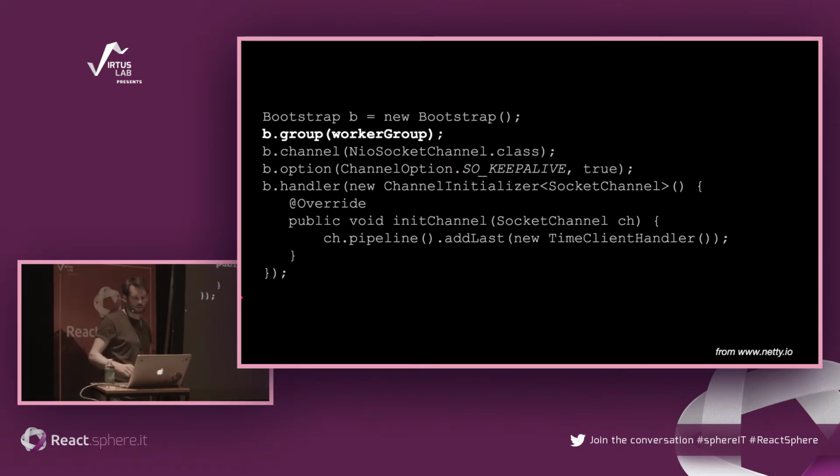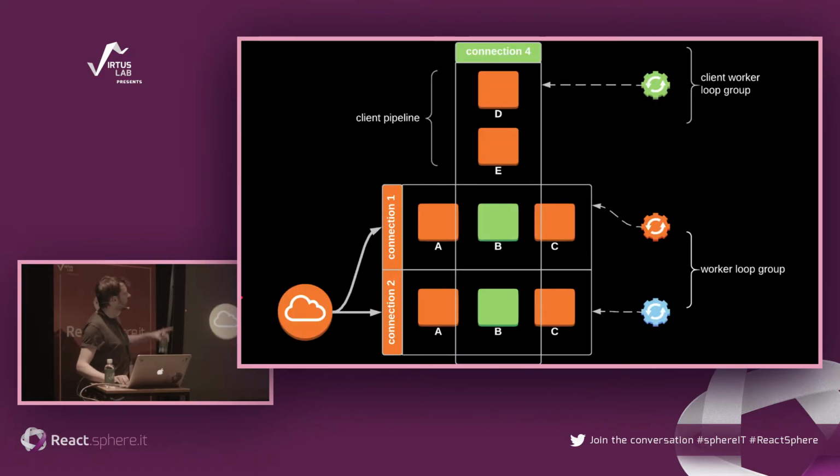We can create a new one only for this client. So if I add a client to the picture, now I need to share this client with other threads, and now handler B runs once by the blue, once by the orange thread.